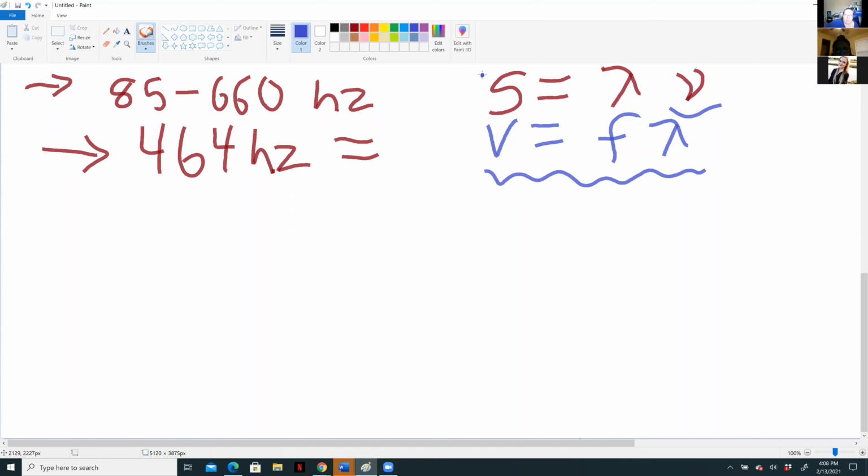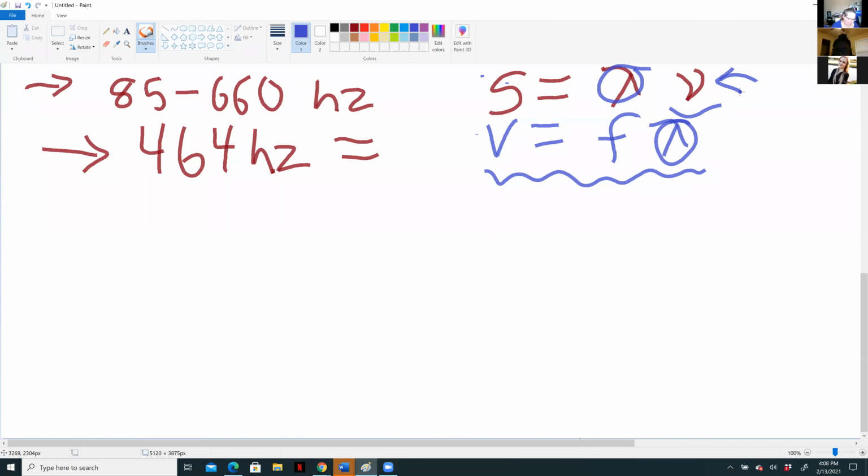Both of these stand for speed, or velocity. It's the same thing. Lambda is your wavelength, and F stands for frequency. I like that because it's easier to remember than looking at nu and saying it stands for frequency when we already have a velocity in the same equation.